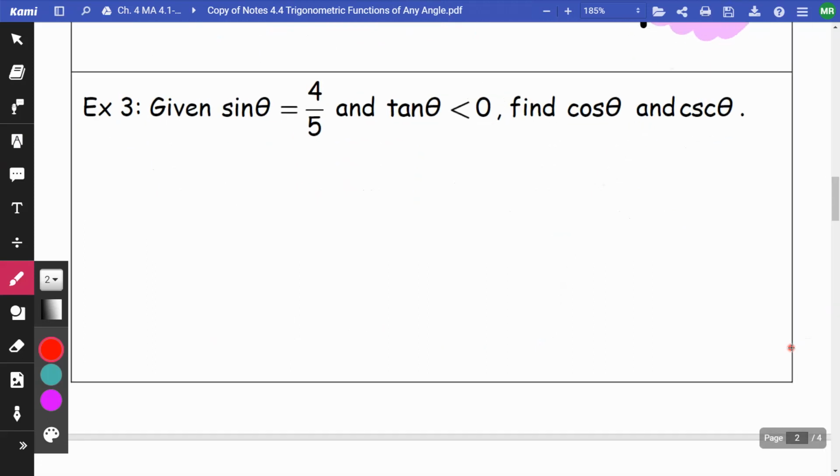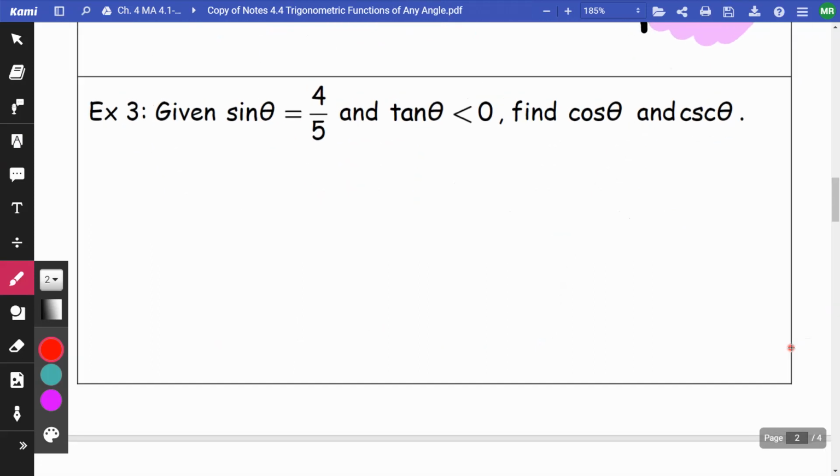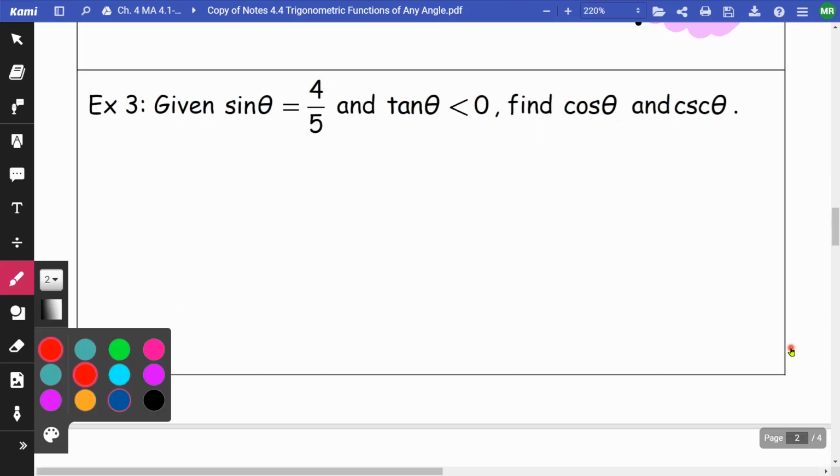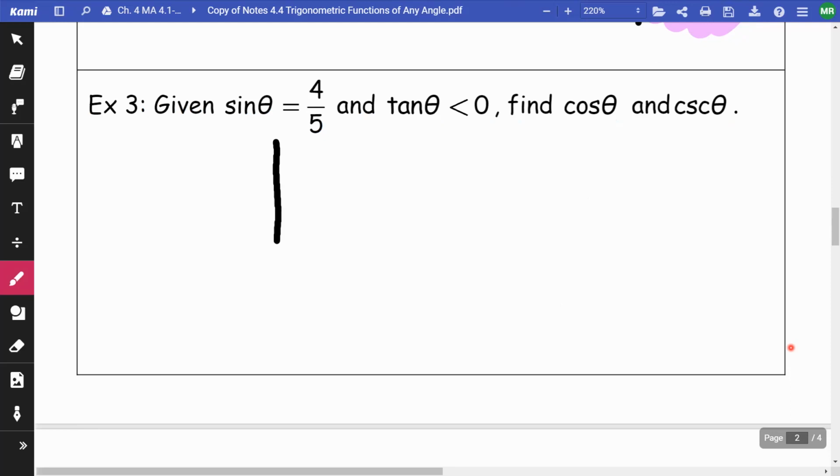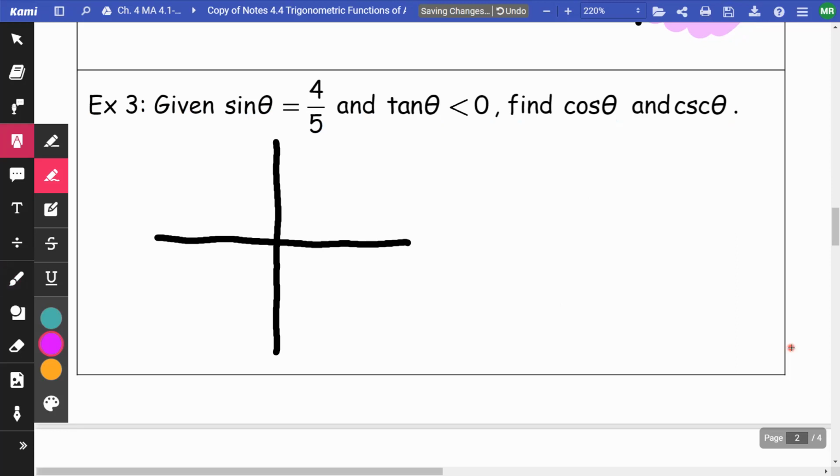On number 3, example 3. So if I'm thinking about this, I am going to be trying to figure out first, where is my sine positive? Okay, not where is 4/5, but where's my sine positive?